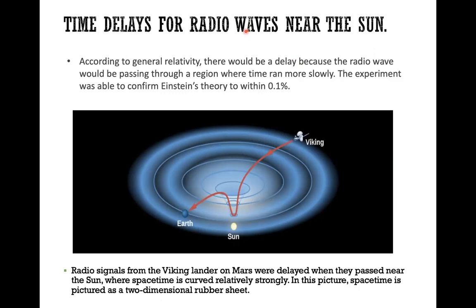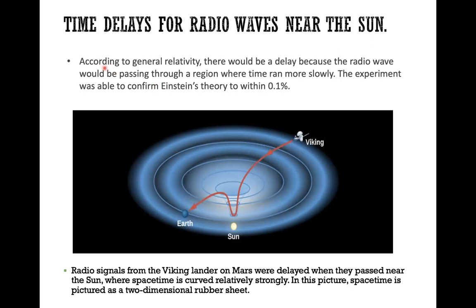When the Viking sends radio signals from Mars, they have to come through space, and at one point they pass very close to the sun. Due to the gravity of the sun, the space around the sun is curved a considerable amount, right? Because of that, the radio waves follow this curved path, and due to that there is a time delay in receiving the signal, right?